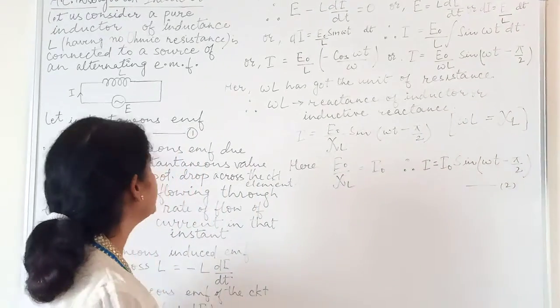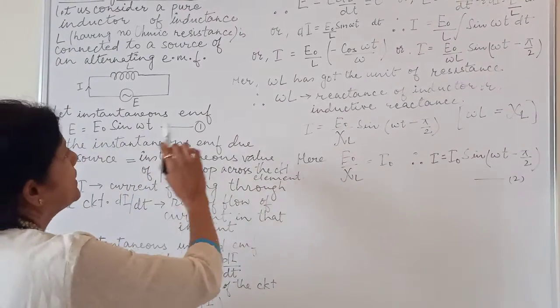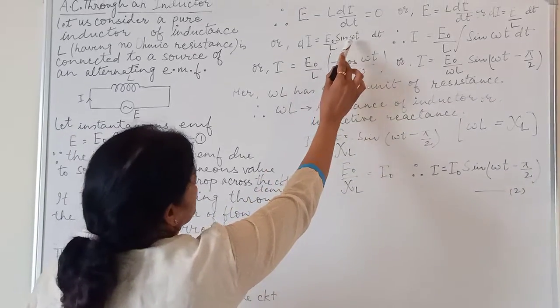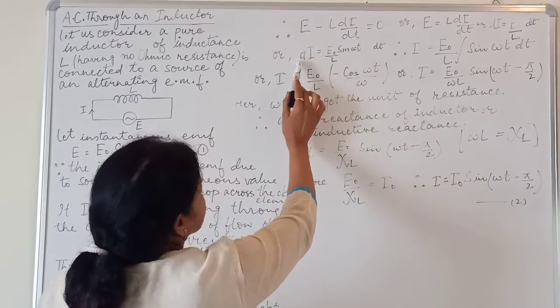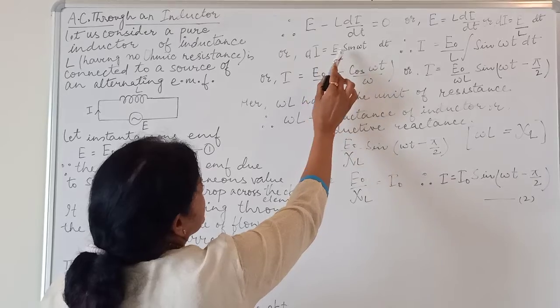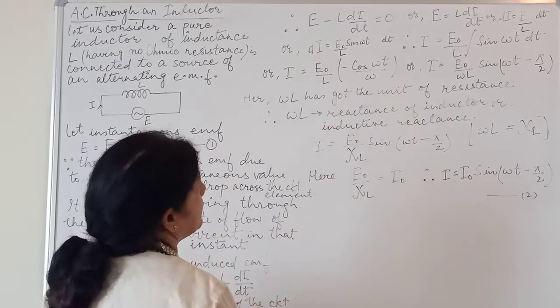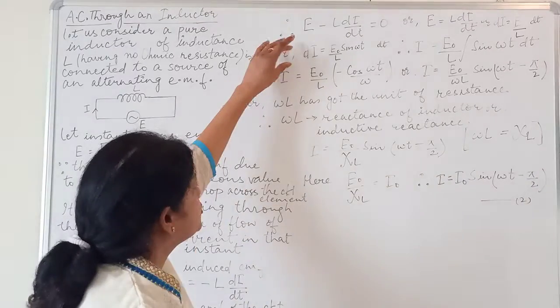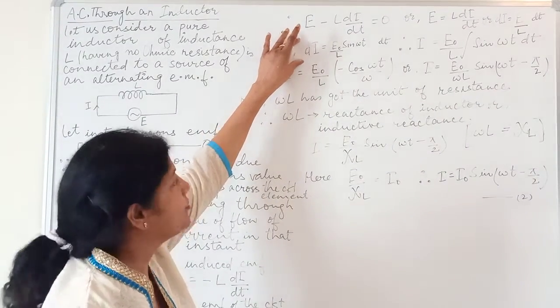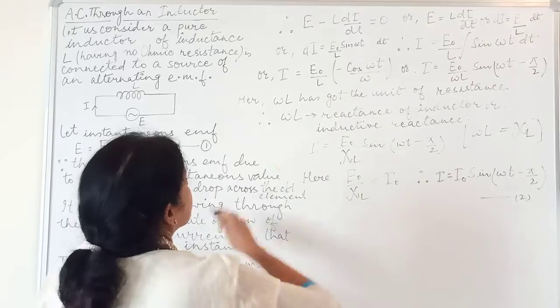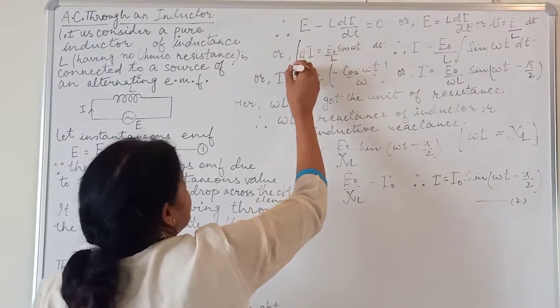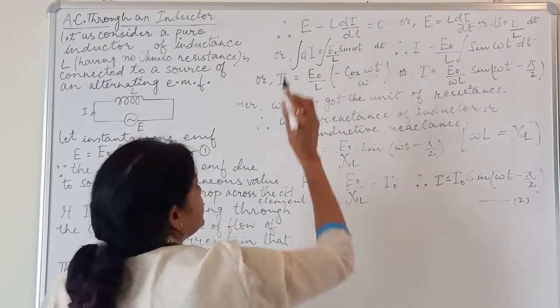Now, substituting the value of E, that is E naught sine omega t, we get di is equal to E naught sine omega t dt upon L. Or for total current, we can integrate the equation.